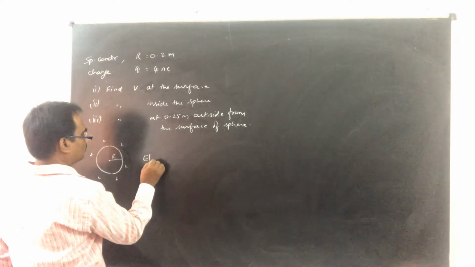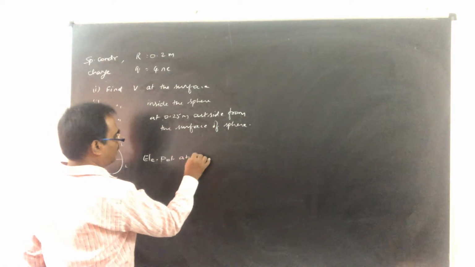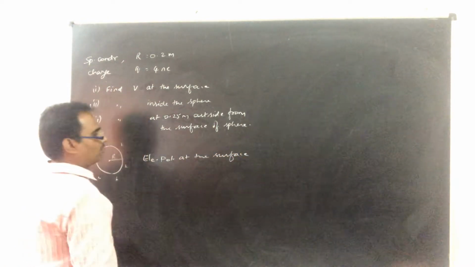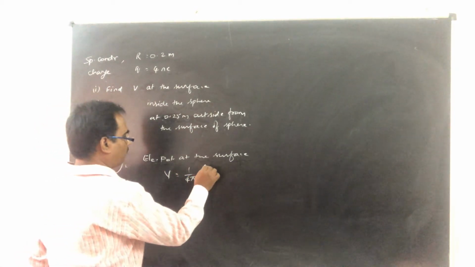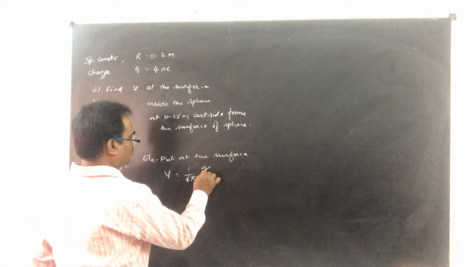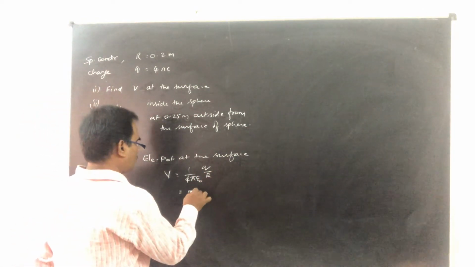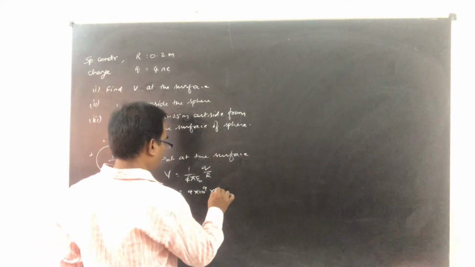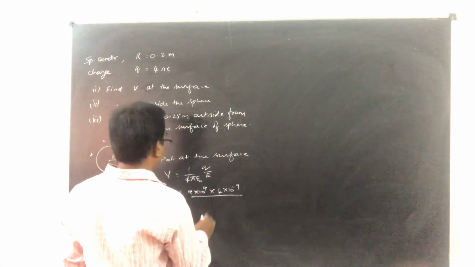So, the electric potential at the surface, V, is given by 1 by 4 pi epsilon naught Q divided by R. So this is 9 into 10 to the power of 9, Q is 4 nanocoulomb, 4 into 10 to the power of minus 9, divided by R is 0.2.